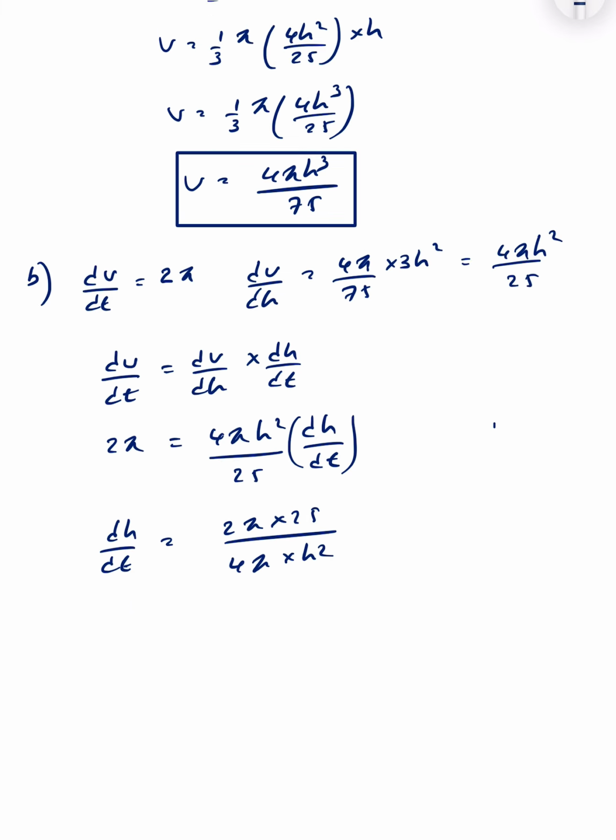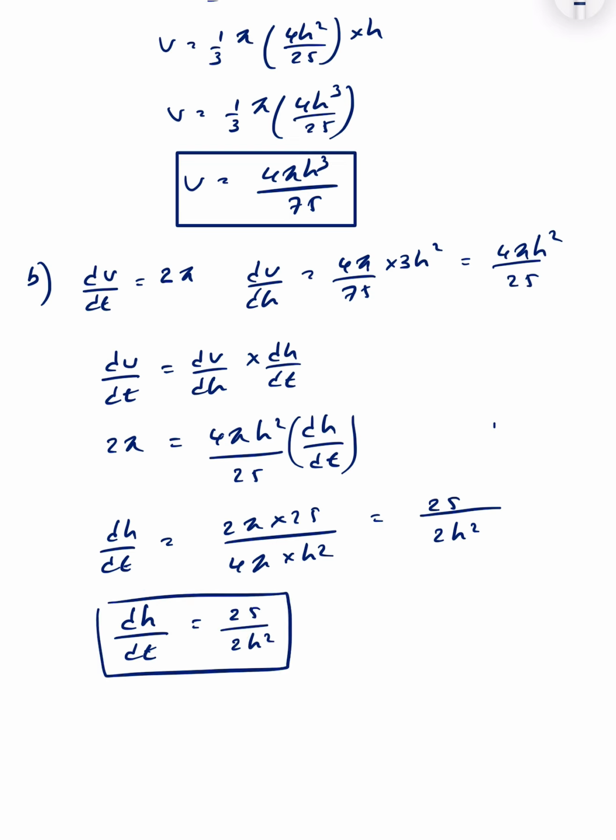So this would be 25 over 2h square. So dh by dt will be 25 over 2h square. That would be the answer in terms of h.